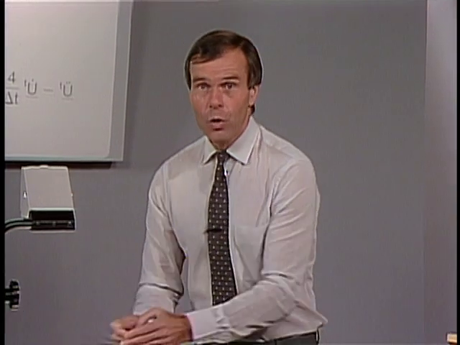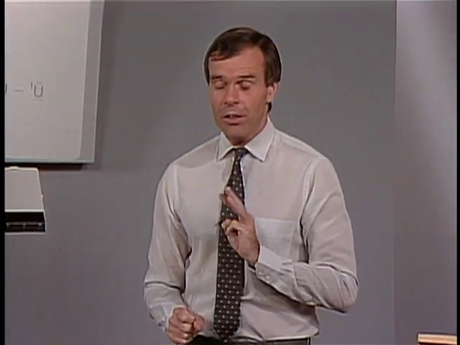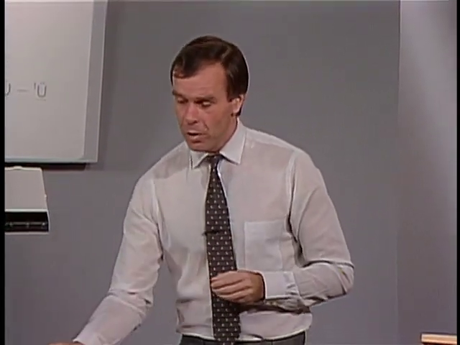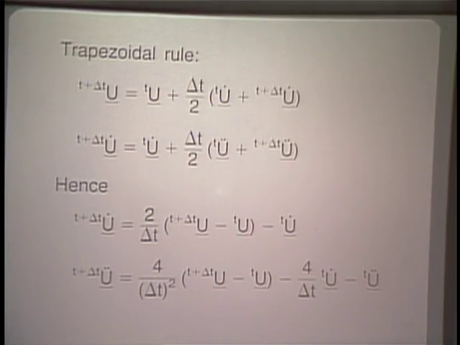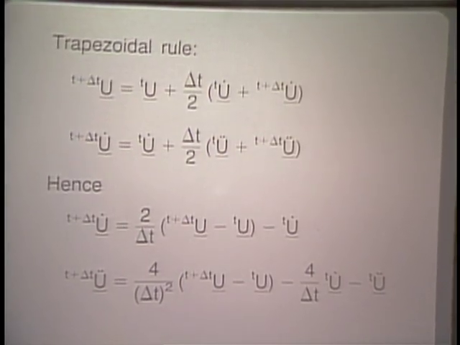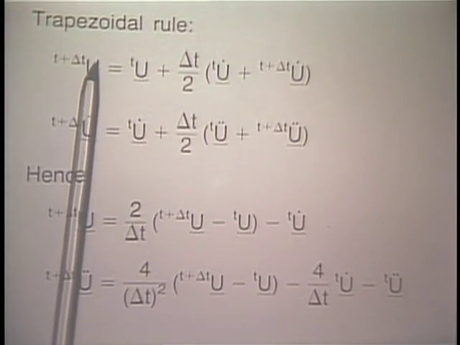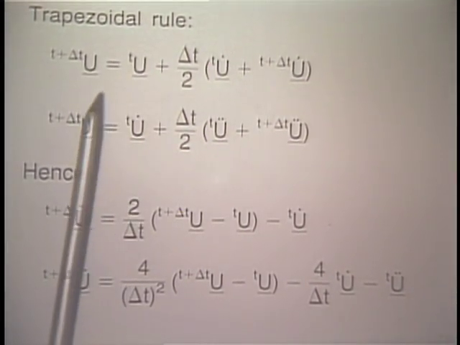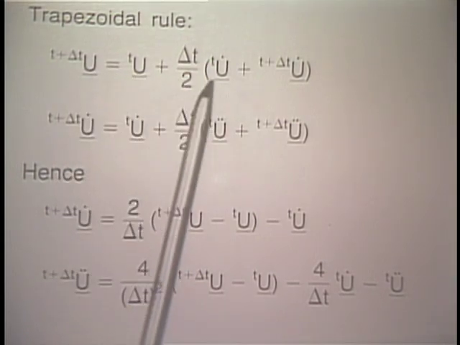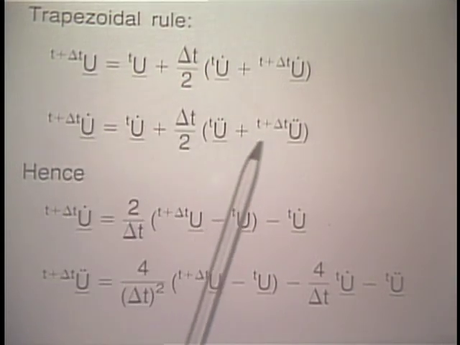This is one equation in the unknown displacements, velocities, and accelerations at time t plus delta t. And of course, we need two more equations to solve for these three unknowns. In the trapezoidal rule, which, as I mentioned just now, is very widely used for implicit time integration, these are the basic equations used for displacements and for velocities.